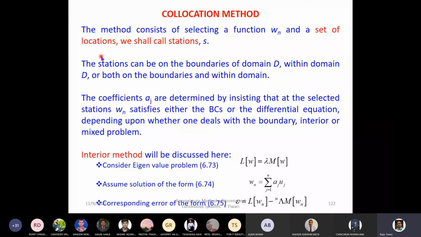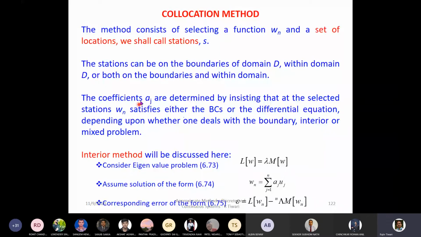So like if there is a simply supported beam, in between we will take 1 or 2 or 3 points, either at the mid span or at the 1/3 location or something like that. These are called stations. The stations can be on the boundary or within the domain, that means within the beam or at the boundary of the beam.